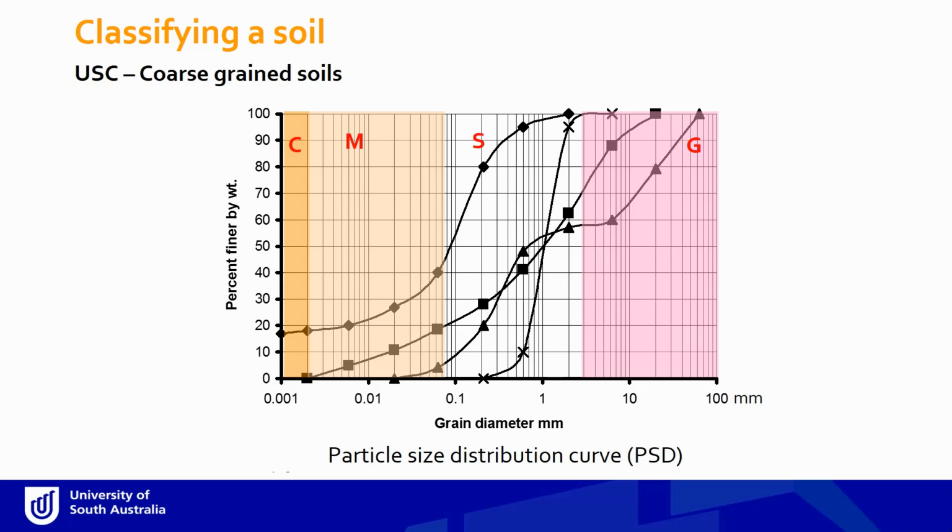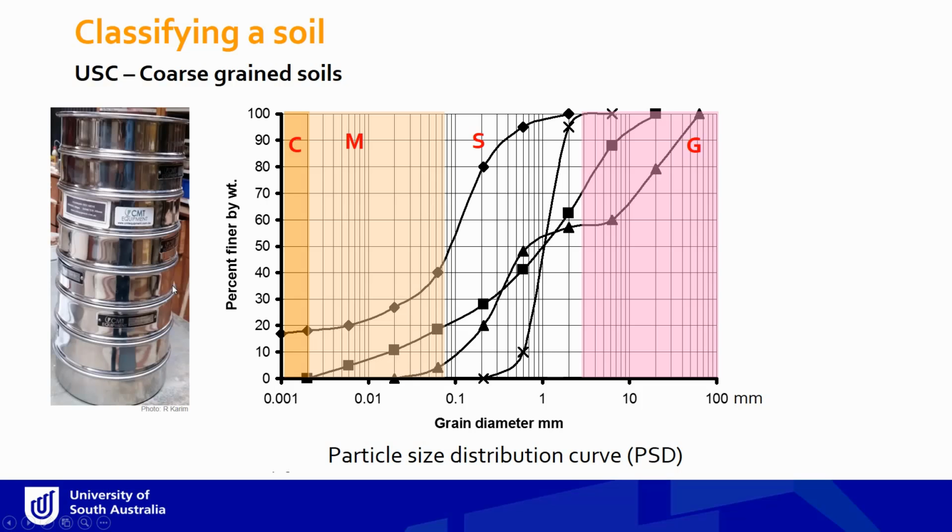Now, what we are looking at in this diagram, we have plotted the grain size against something we call percentage finer. Now, to understand percentage finer, we have to go back to how we got this data. So basically, this is a set of sieves, and this data is from an analysis done using these sieves.